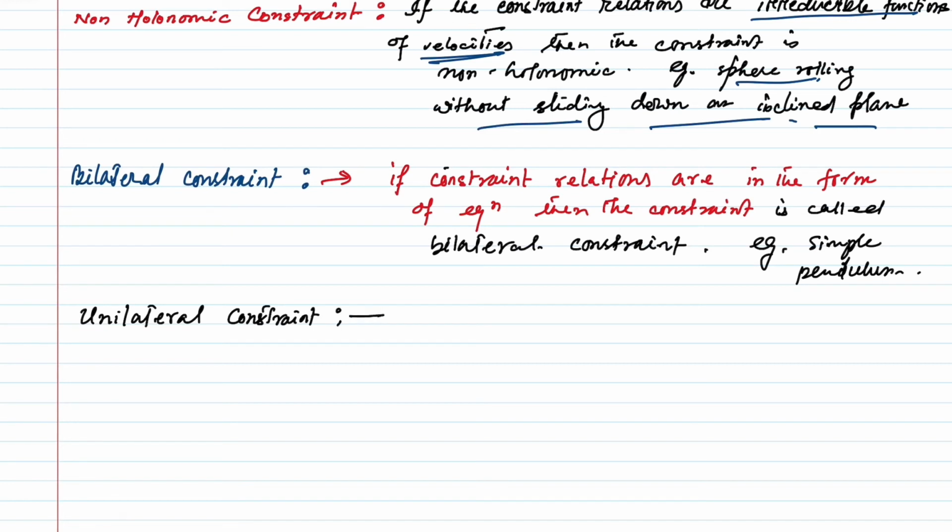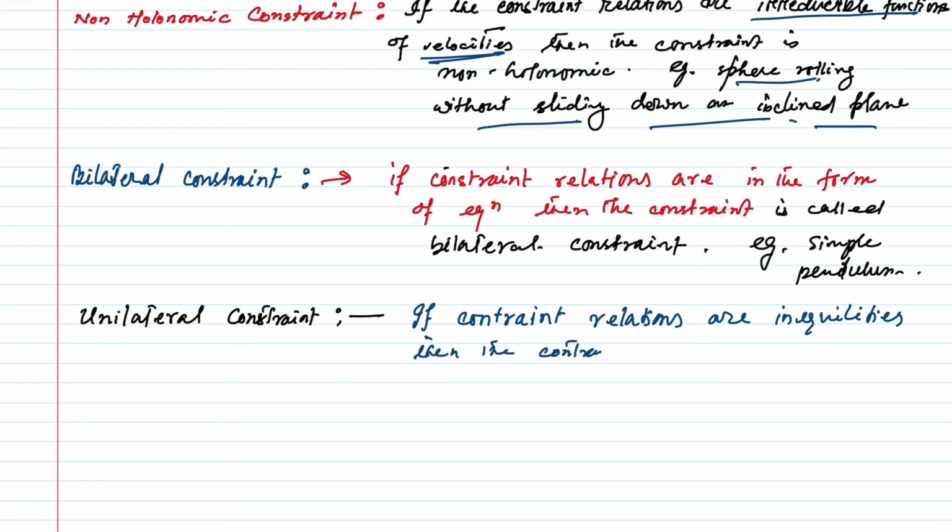If the constraint relations are inequalities, then the constraint is unilateral.